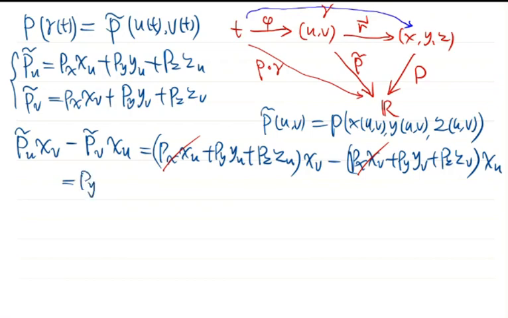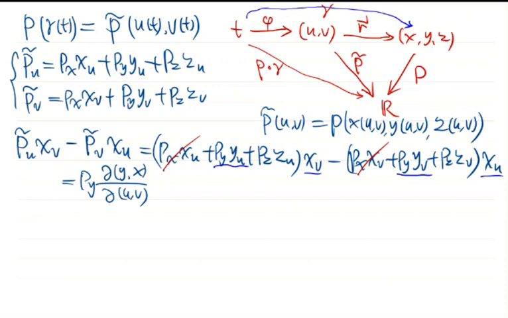So what remains is the P_y terms. These two terms give you P_y multiplying the Jacobian determinant of (y,x) with respect to (U,V).